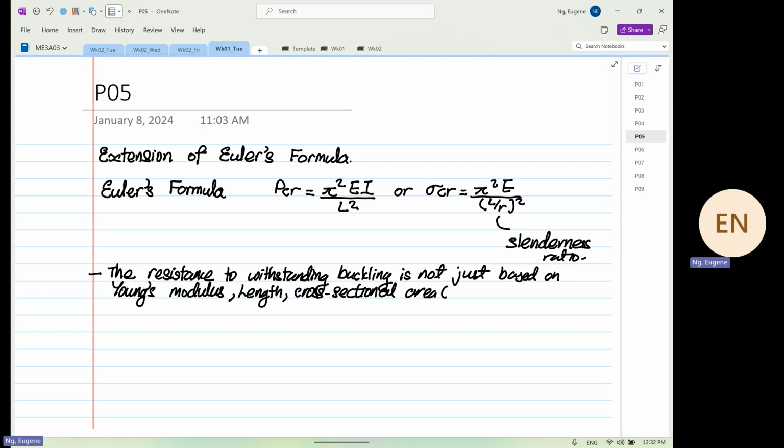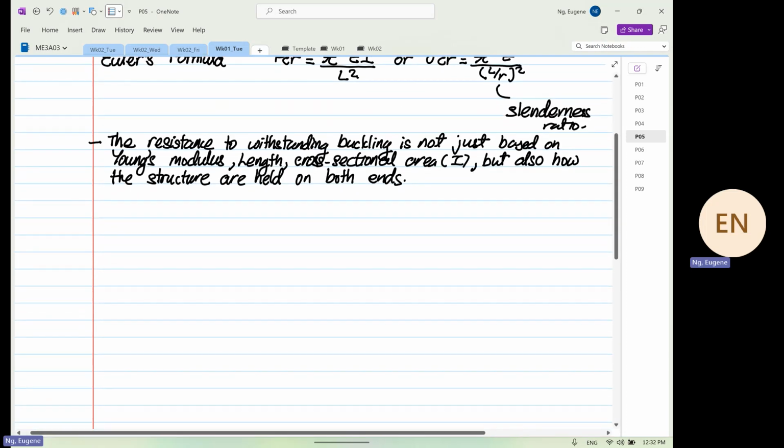Now, the cross-sectional area will affect your second moment of area, but also how the structure is held on both ends. How the structure is held on both ends.